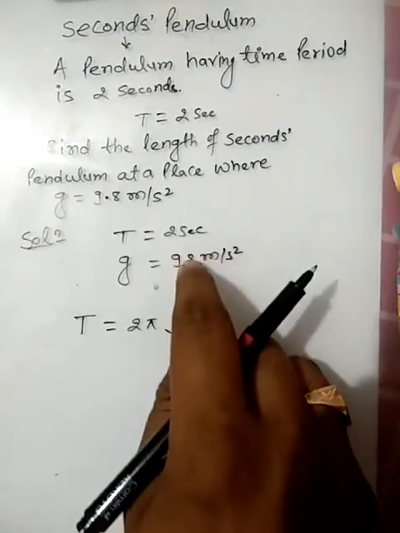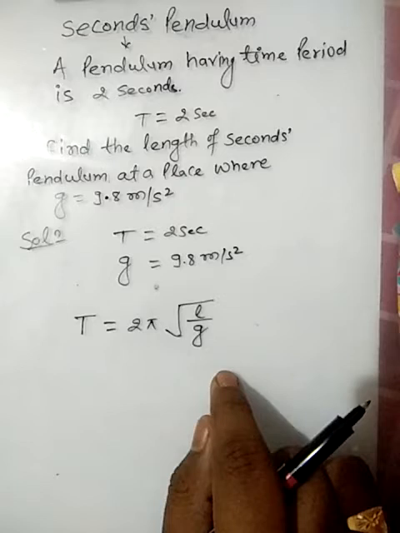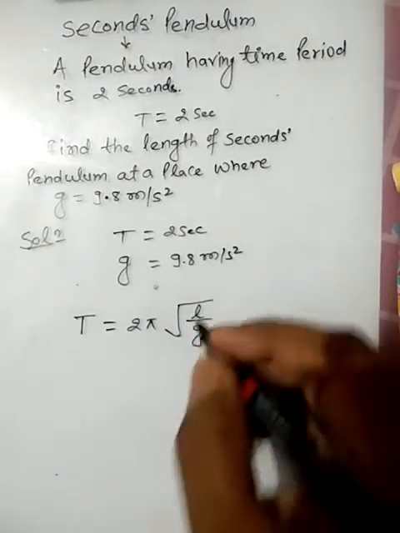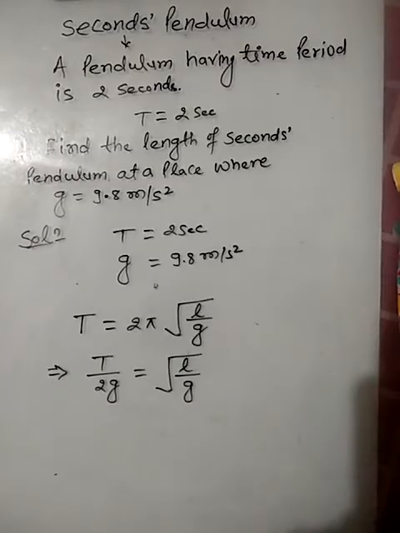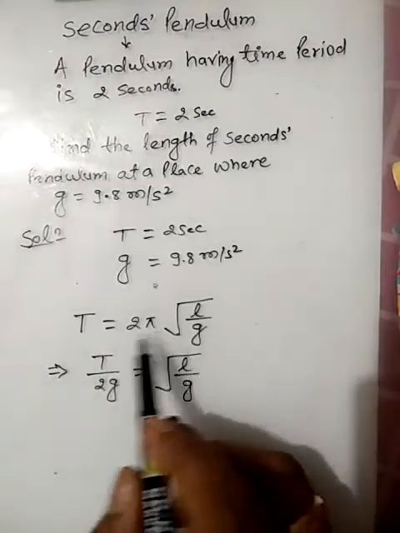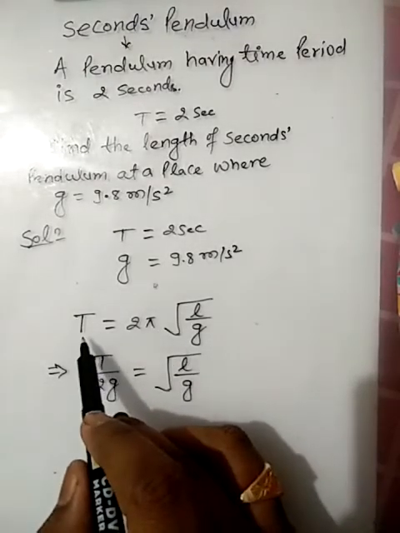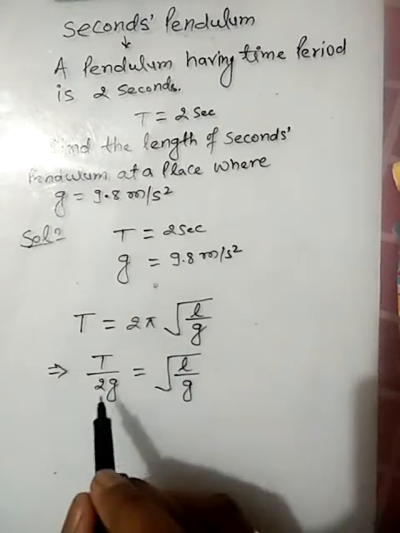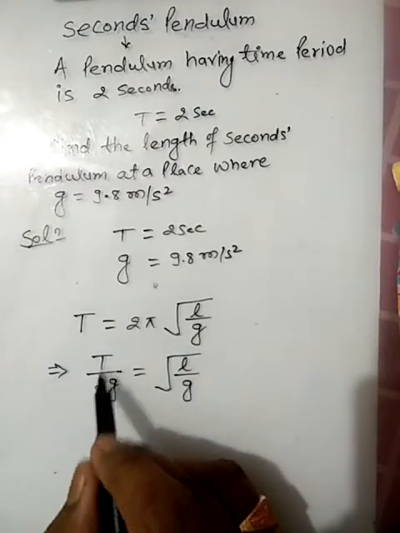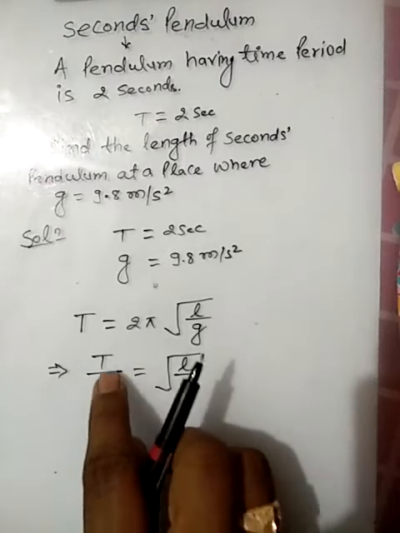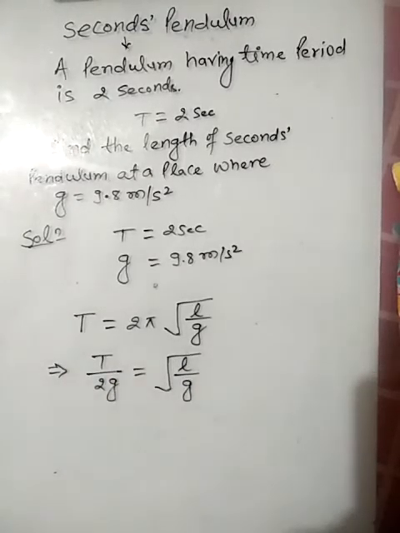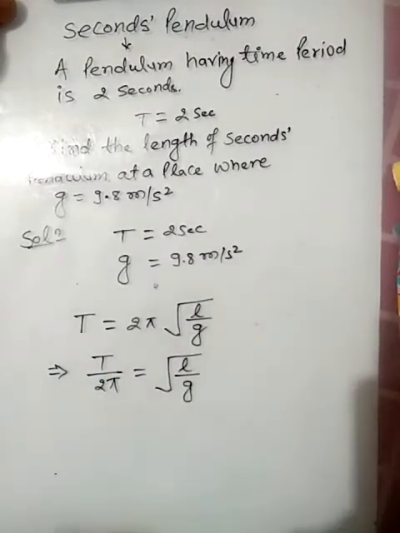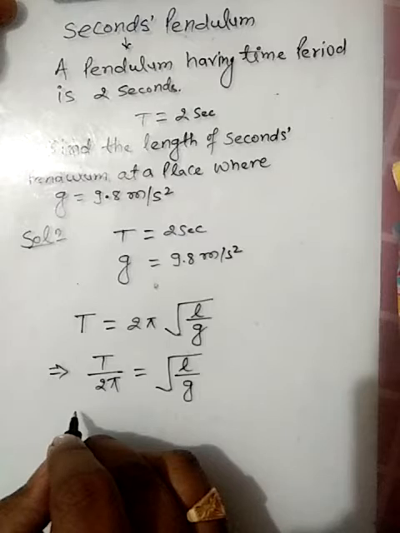Now putting these two values in this equation, we will find the value of L, that is, the length of the string. If we rearrange this equation, T by 2 pi will be equal to root under L by g.